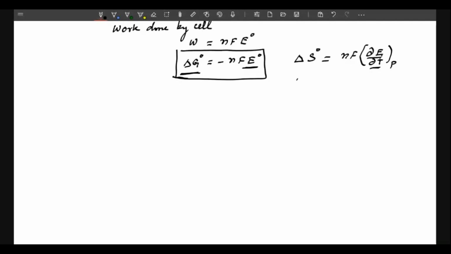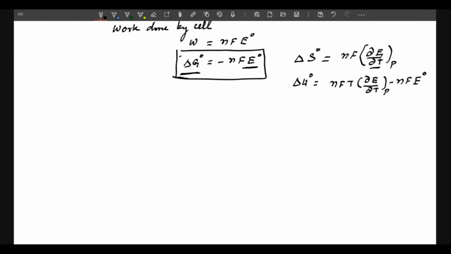Another equation we have derived is that delta H naught can be calculated using the equation nFT into dou E by dou T at constant pressure minus nFE naught. This is the equation. Making use of this equation, first we will work out some problems.